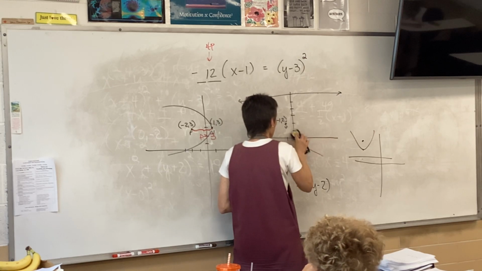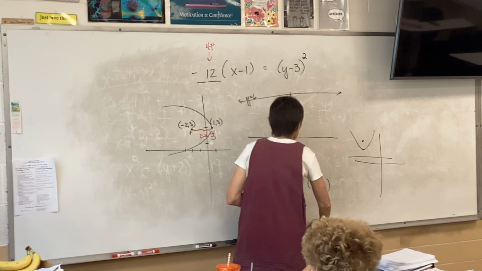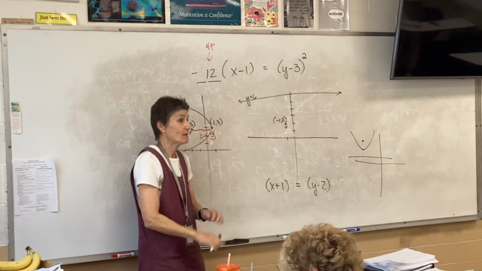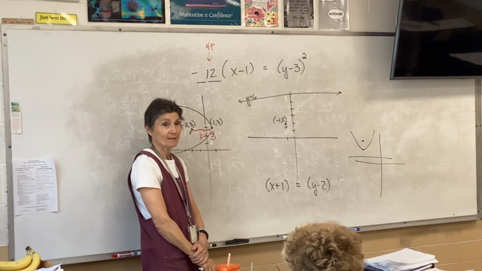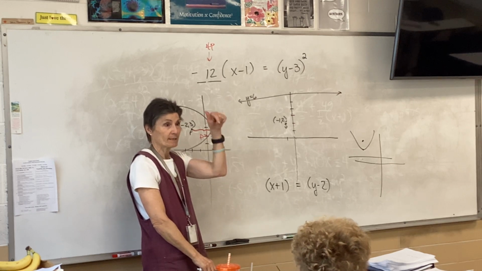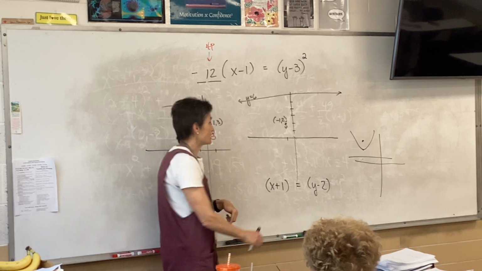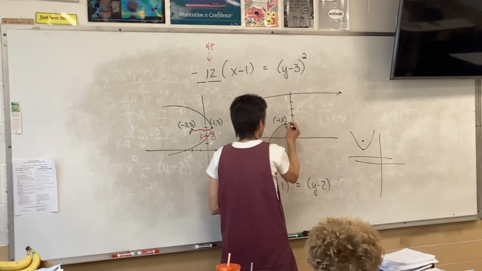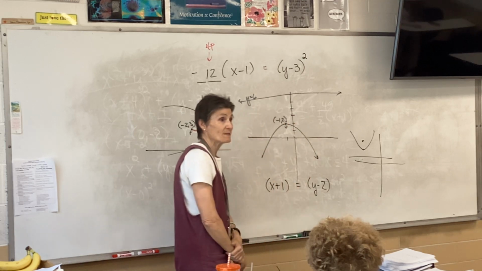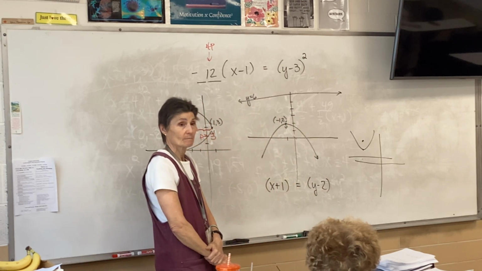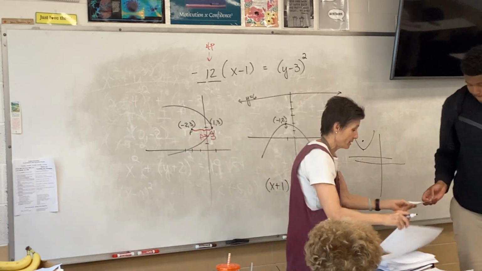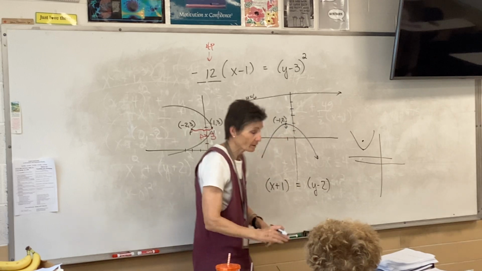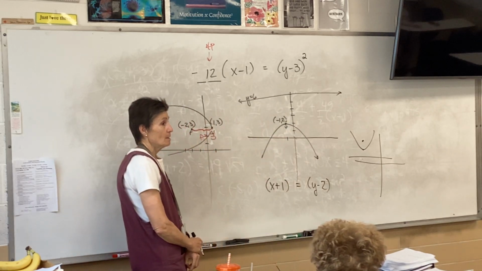It has to open in a way that it won't ever intersect the directrix. So what do you think? Does it make sense that this would open down away from its directrix? Does that make sense? I handed this out earlier. Okay.